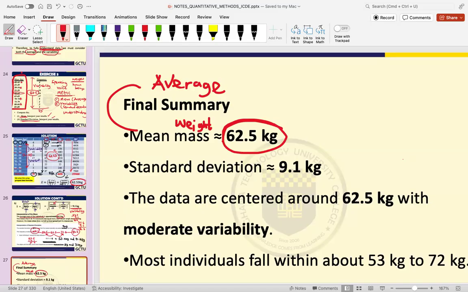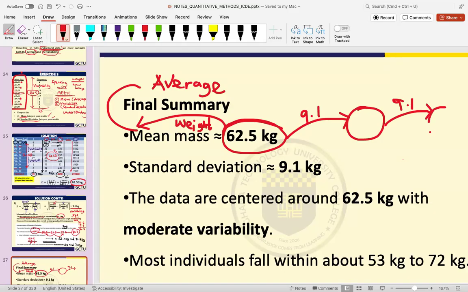And then what are the differences? The differences after getting this, moving to the right and then moving to the left, the differences should be 9.1. We should take you to the next people. And then if you want to go again, we'll do another 9.1 and it will take you to another group in the table until you cover all the groups.